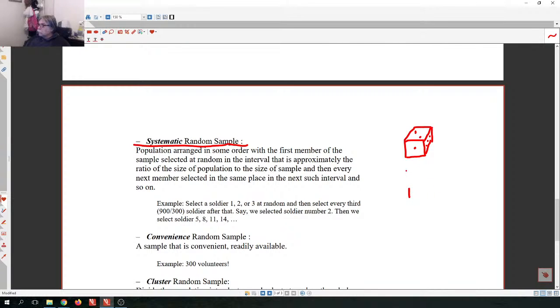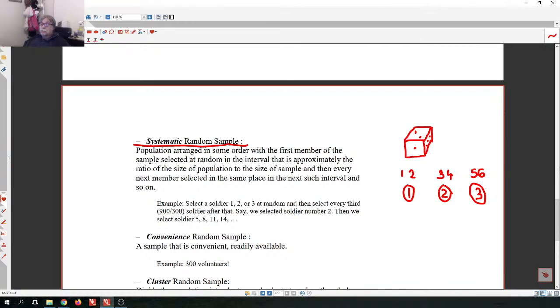If it's 1 or 2, I would select the first soldier on my roll. If it's 3 or 4, I would select the second soldier on my roll. If it's 5 or 6, I would select the third soldier on my roll.